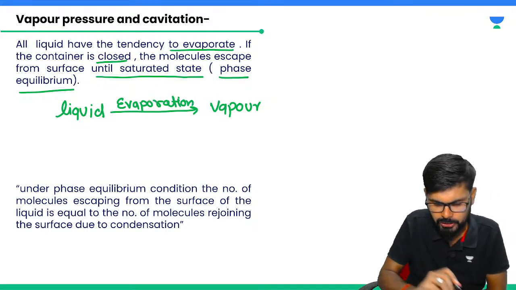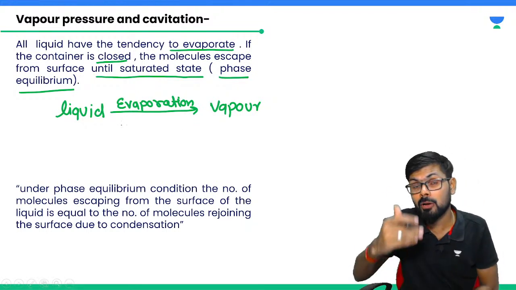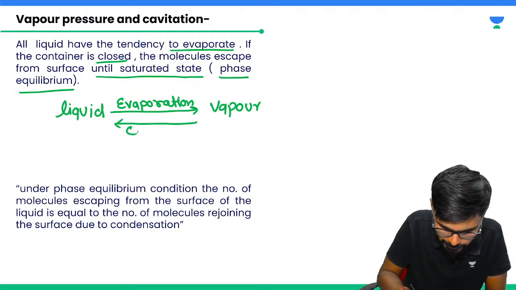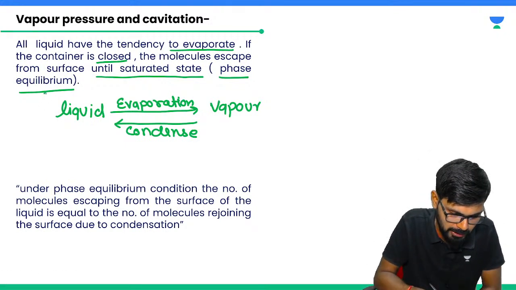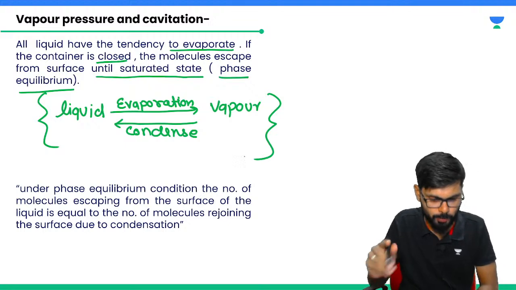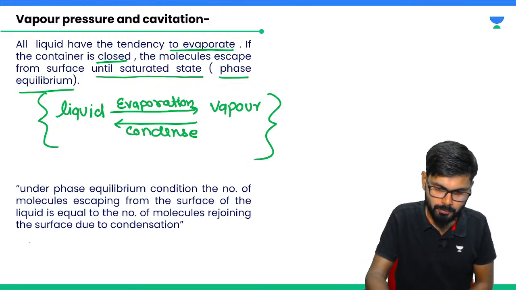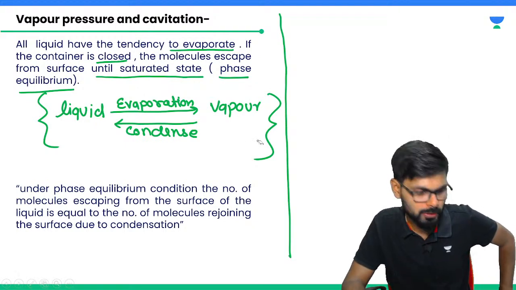And the same thing is reversed. Whatever number of molecules evaporate, the same number of molecules are going to condense also. Clear, beta? This is the phase equilibrium condition. So this is also written here. Any confusion up to here, you tell me.